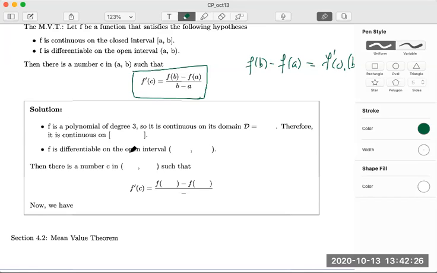Therefore, it is continuous on all of R, for any number, right? And this domain is an interval in R. Therefore, it is continuous in this interval. And it is differentiable on this. So which number should we put here?